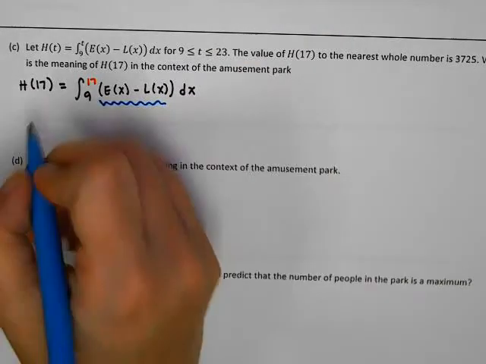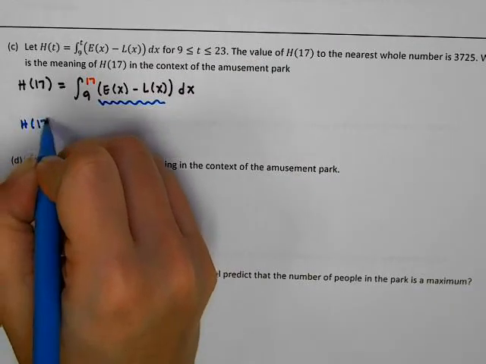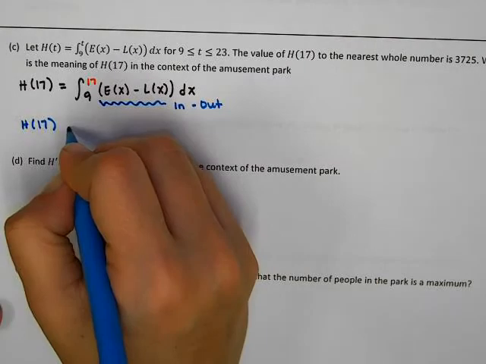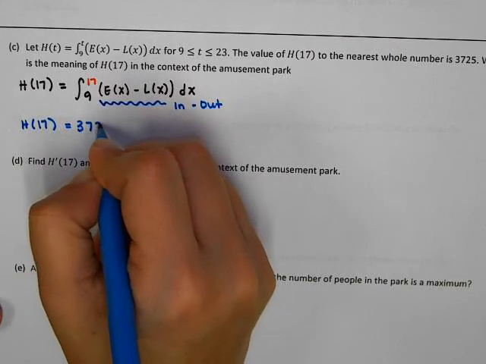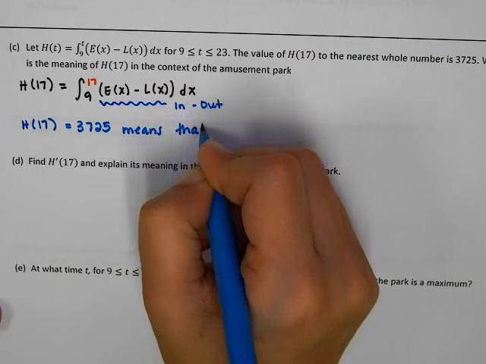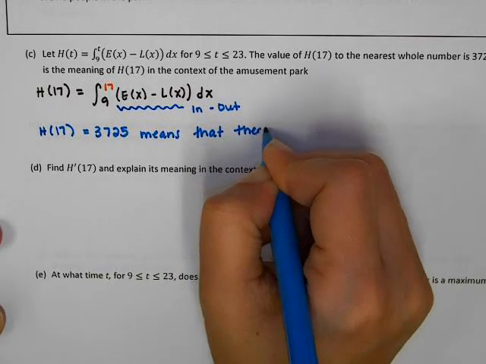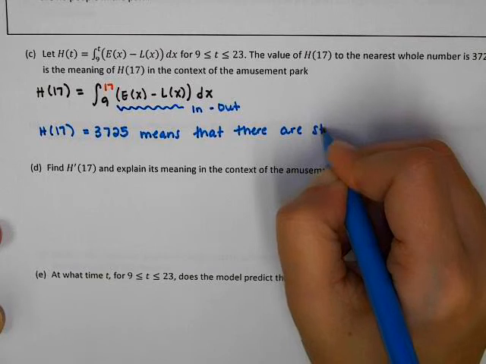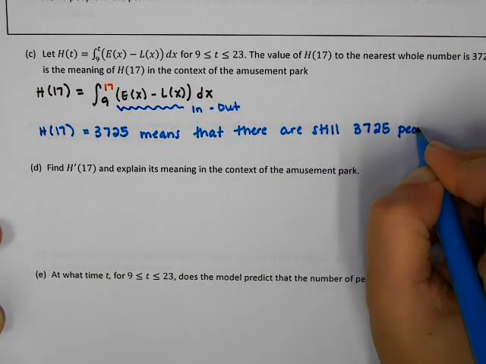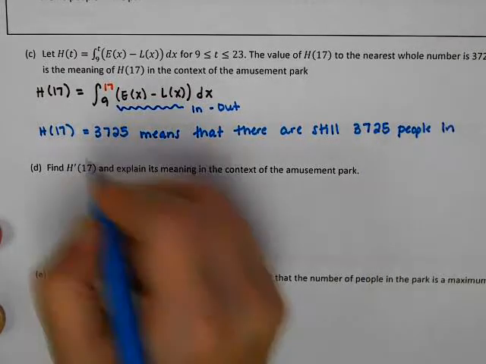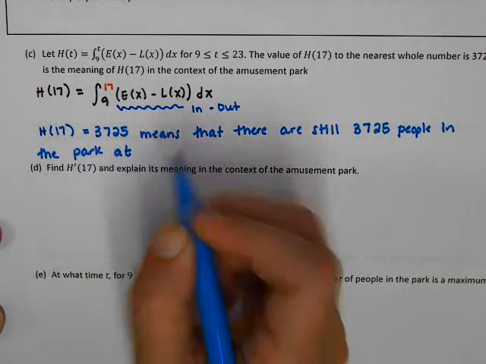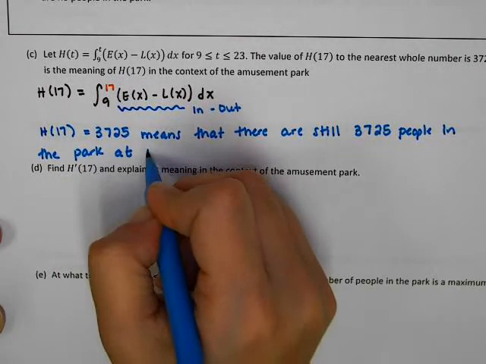So what we would say is that h of 17 equals 3,725 means that there are still 3,725 people in the park at 17, which translates to 5 o'clock.